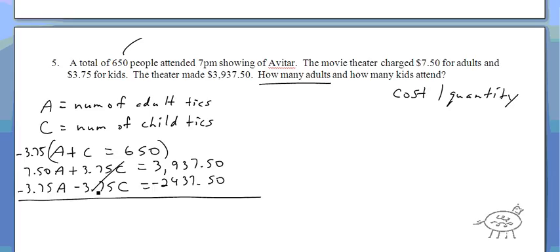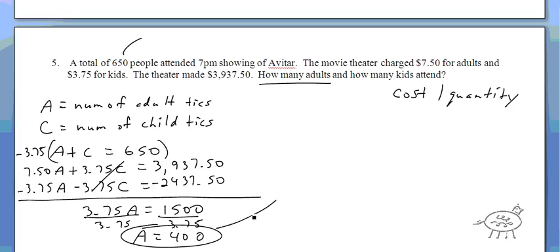Okay, and of course the C's cancel out. Now I'm getting 3.75A is equal to 1,500 divided by 3.75. And I got A is equal to 400.